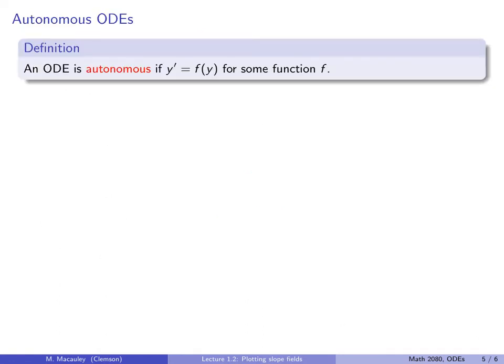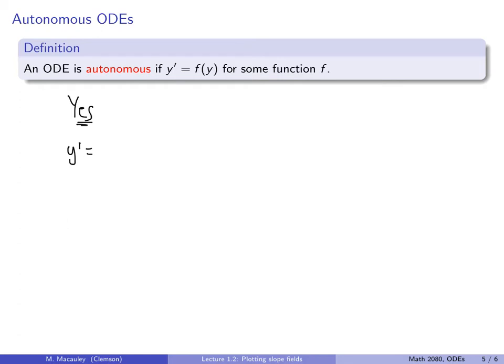Okay, so I will finish this lecture with a shortcut that works for a certain class of differential equations. It doesn't always work, but it works for these. Equations that are autonomous. So an ODE is autonomous if y prime can be written as some expression in y. And the key here is that there's no t on the right-hand side. So this is best seen by an example. The following are autonomous.